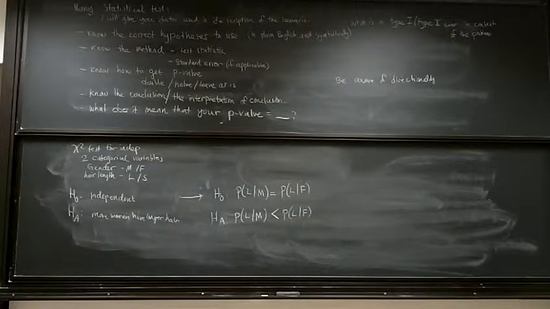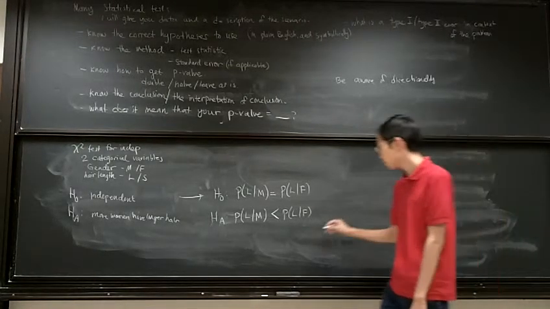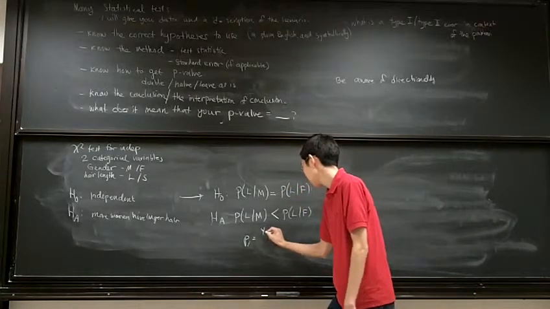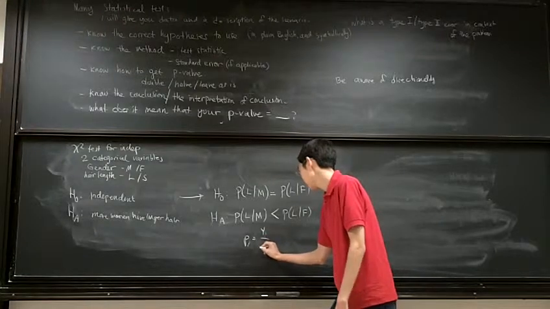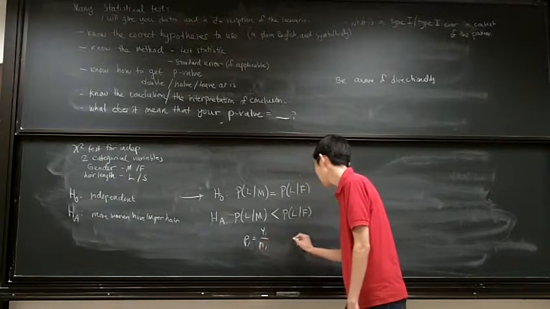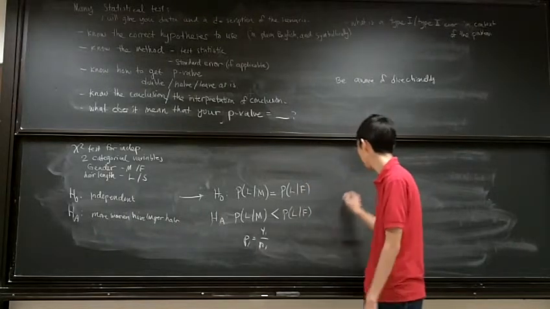Okay, so we would do that for directionality. Okay. So how do we check directionality with our data? Yeah, so our data should show that P1, the proportion of long-haired males, should be less than P2, okay?